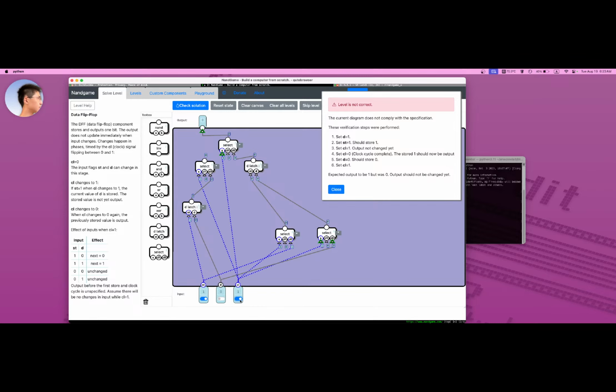When I set clock to 1, we have just 0. When the clock changes to 1, it stores the value, which is not yet output. Yep.